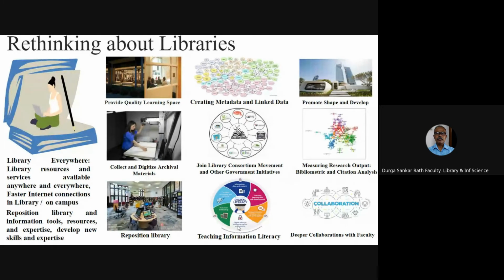Library everywhere: library resources and services available anywhere and everywhere. Faster internet connections in the library and on campus. For example, Aligarh Muslim University has a large campus, and in the hostel you may not be in a very comfortable position to download your resources.